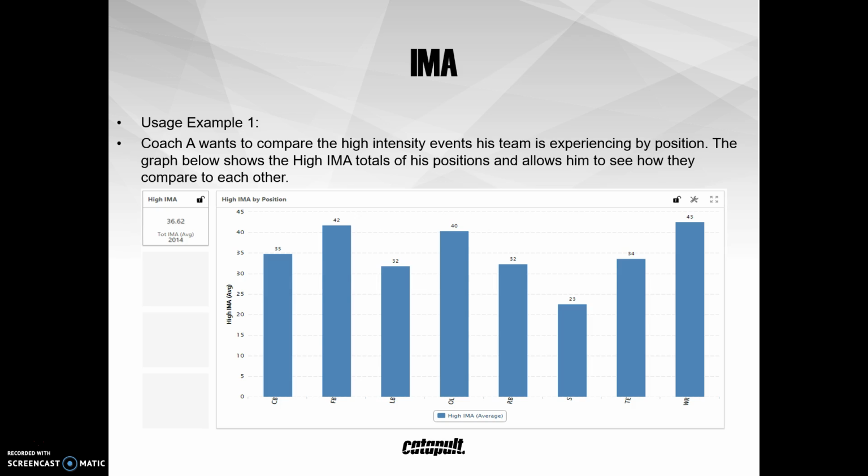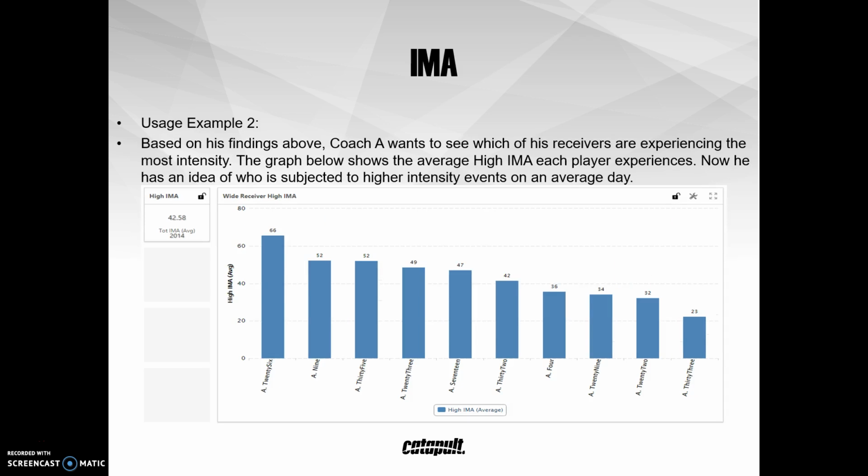With this, I can characterize a profile of what is expected at each position on an average day and use that to determine whether an athlete is having a harder day or a lighter day in terms of our IMA metric. We can also use these numbers to further customize our training to be more specific to the athlete's position. We can break the numbers down even further to view each athlete within the position group.